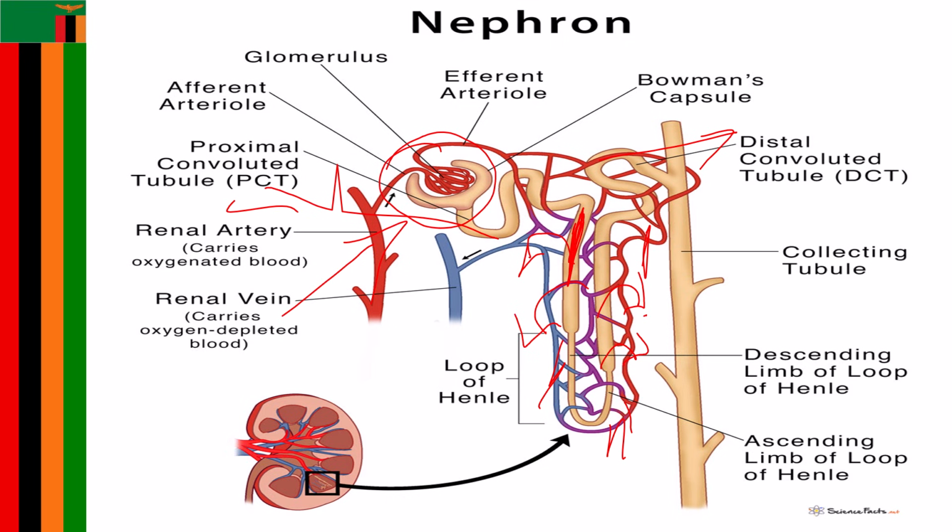It is during tubular secretion that these electrolytes or waste products that are no longer needed by the body, but need to be removed, will now move from these peritubular capillaries and start entering the loop of Henle, because the loop of Henle is the one that is going to facilitate excretion of these waste products.